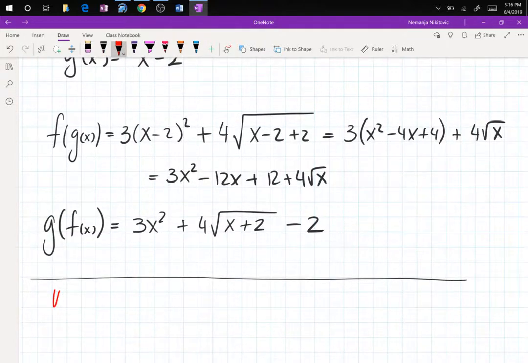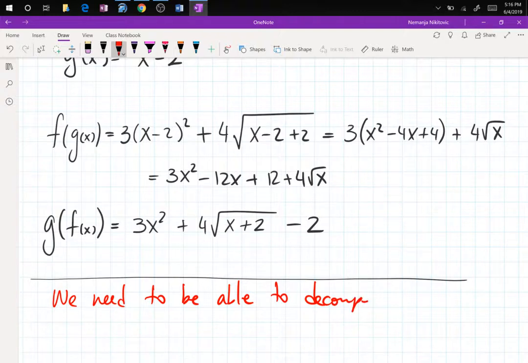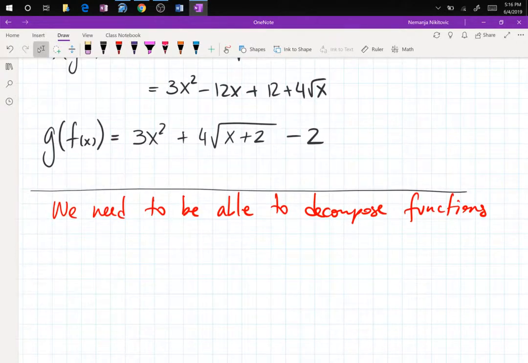So we need to be able to decompose functions, which is the backwards procedure.